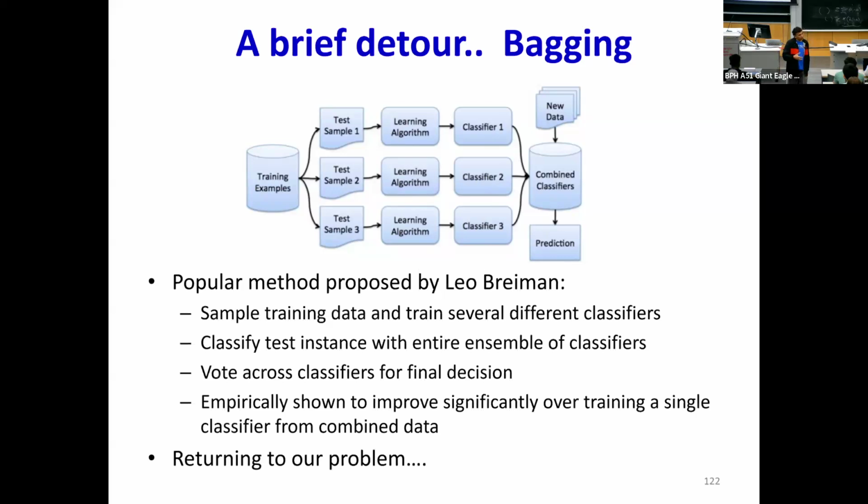Eventually, you have a collection of models, and each model would give you some kind of an outcome, yes or no, whatever it is. Then you vote across all of the models that you trained. And this was probably going to be better than simply throwing all the data into one big bag and training the model, provided you did this right. So bagging was very, very popular. So hold on to this idea and just believe me that this works.